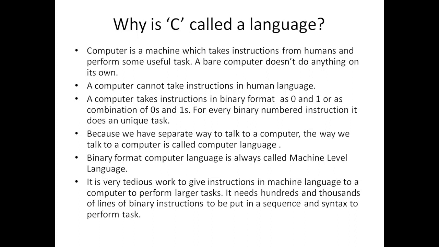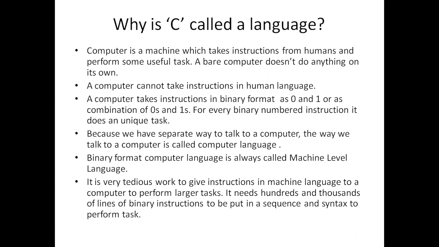That is, a computer takes instructions in binary format. For example, to add two numbers, it may be taking a binary number called 0010, and to subtract two numbers, it may be taking an instruction called 0011.